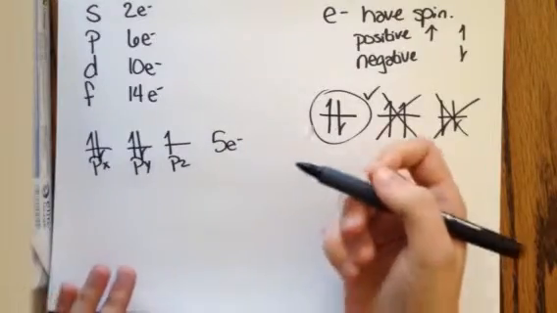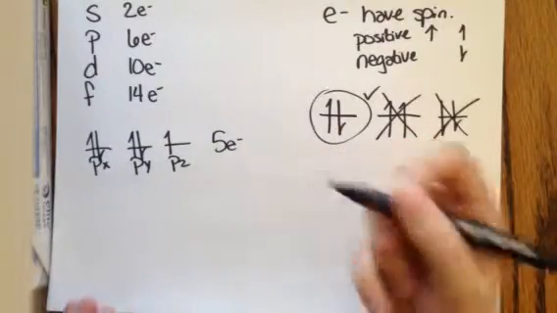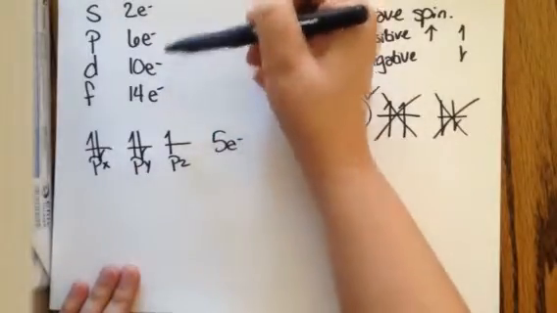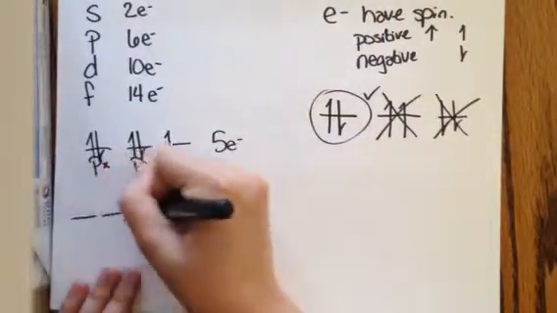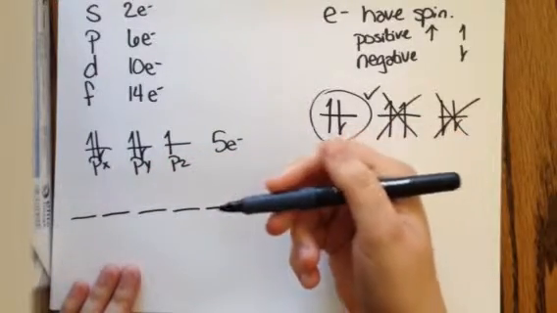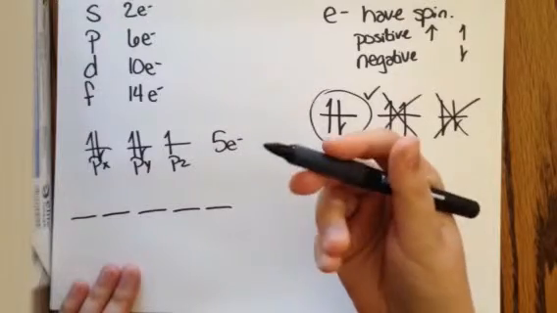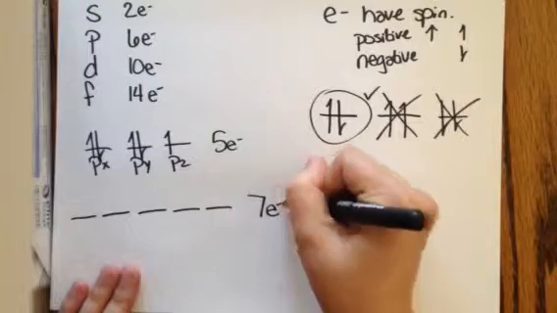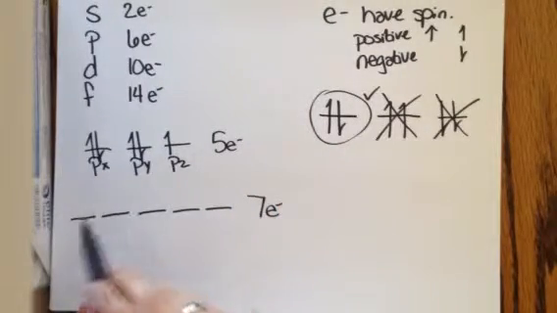How about we try one with a d orbital? So a d orbital can have up to 10 electrons, so we'll need 5 lines. 1, 2, 3, 4, 5. And this time, I'll put 7 electrons into that orbital. Okay, so same rule as before.